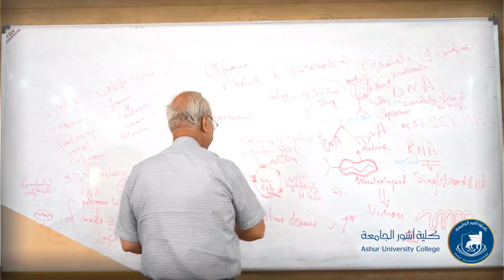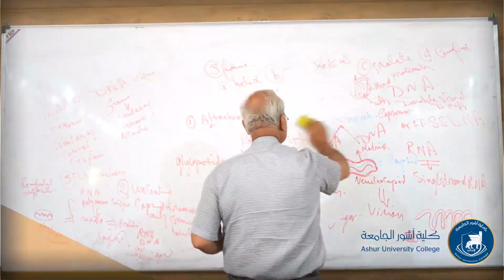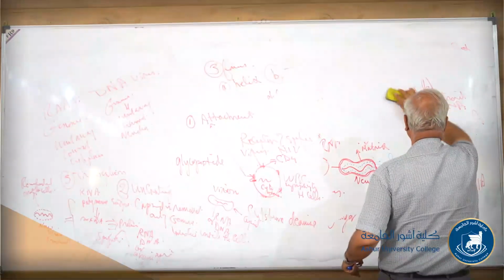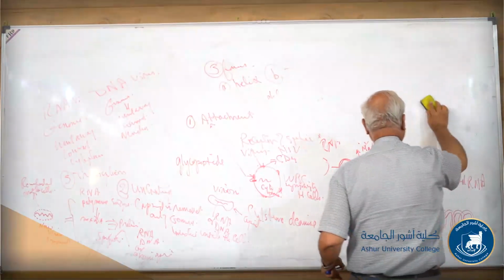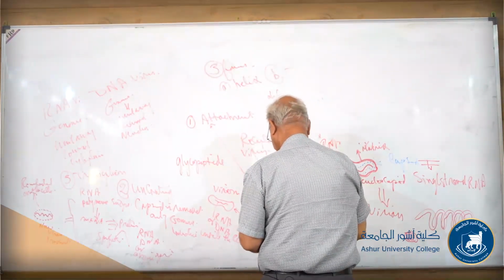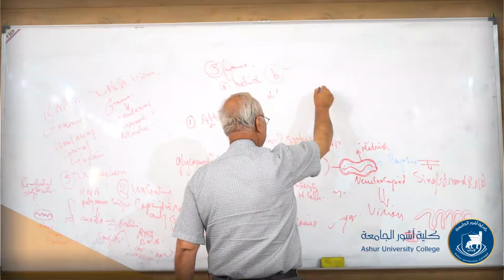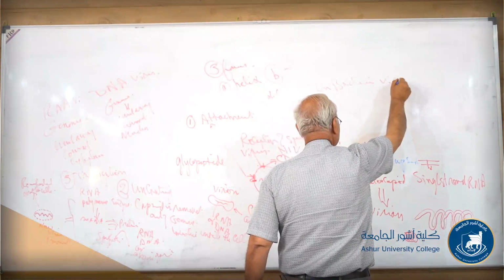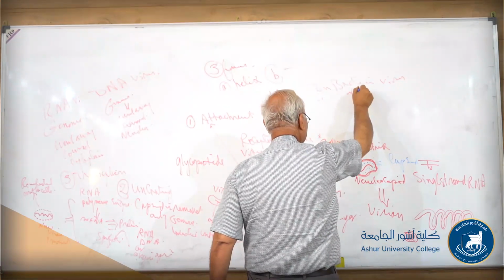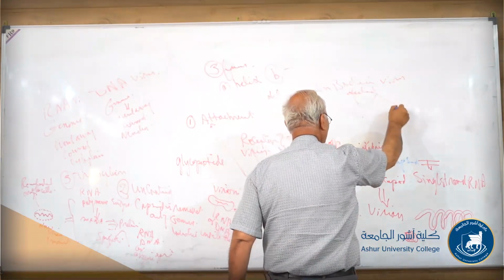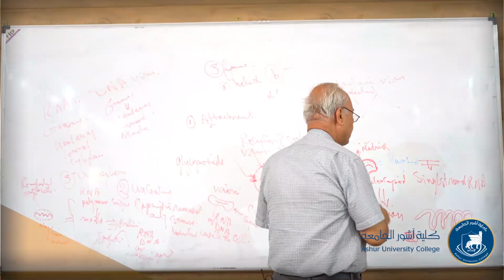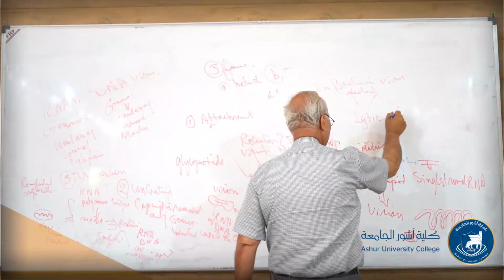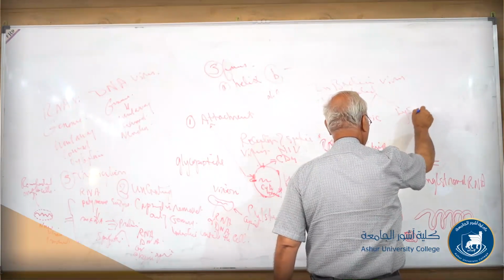In bacteria, virus infection produces two forms, lytic and lysogenic.